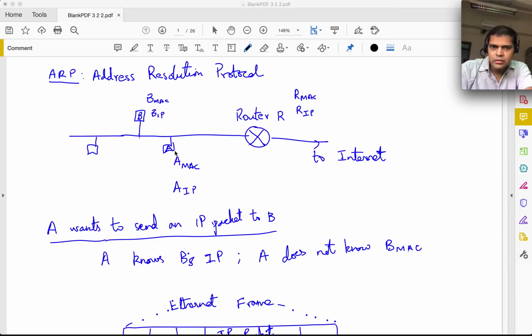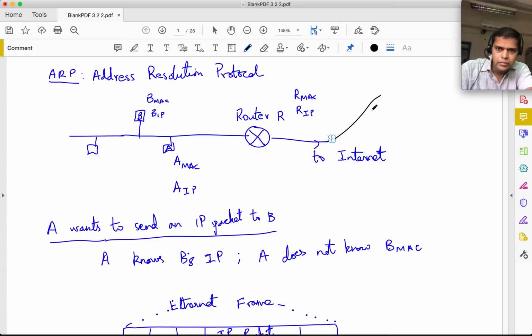Okay, then sending out an ARP is not going to solve the issue. I mean, what should we do, right? So suppose we wanted to instead send a packet to, let's say this is the internet, the larger internet, and somewhere over here is C, and of course C has its own MAC address, right?